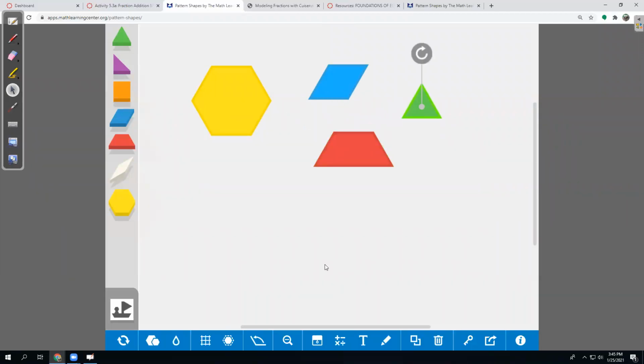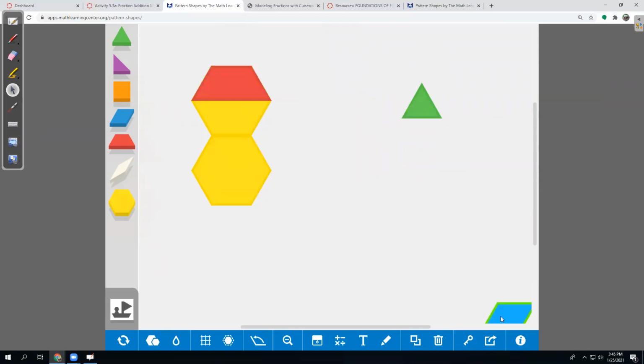So it turns out in order for me to show fourths, I need 2 of these to be one whole, because then the red shape can be a quarter. So you're gonna have to do one similar to this where we change the idea of what a whole is.